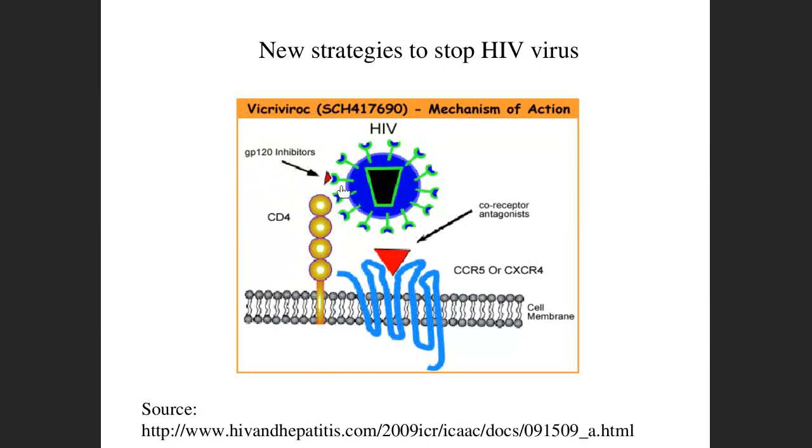And so what you can do is produce GP120 inhibitors, or you can have inhibitors or proteins that bind to CCR5 and block this interaction or this binding.